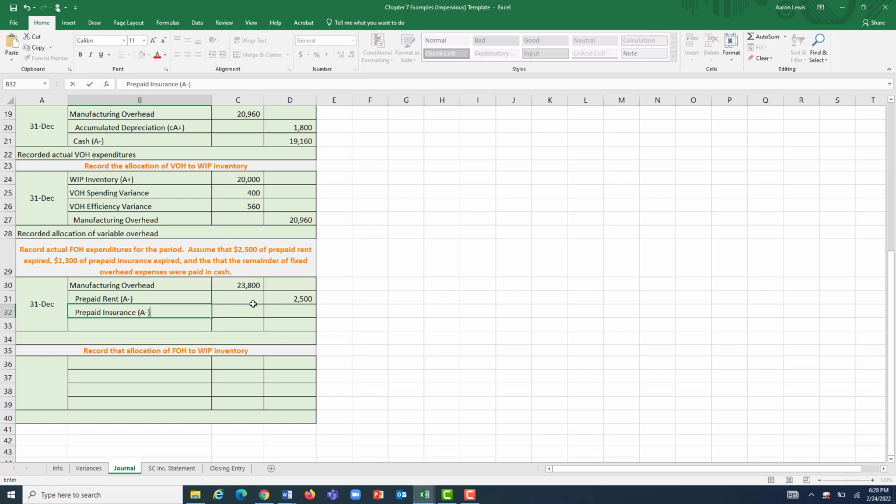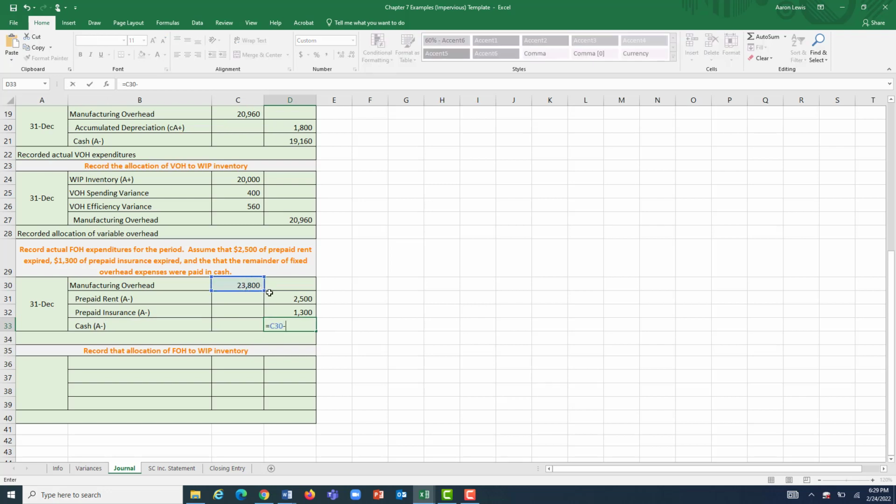Again, it's a prepaid expense account. They all decrease on the credit side because they're all assets. And then the remainder of it had to be in the form of cash. So how much of that manufacturing overhead that was fixed was paid in the form of cash? Well, whatever makes our debits equal our credits.